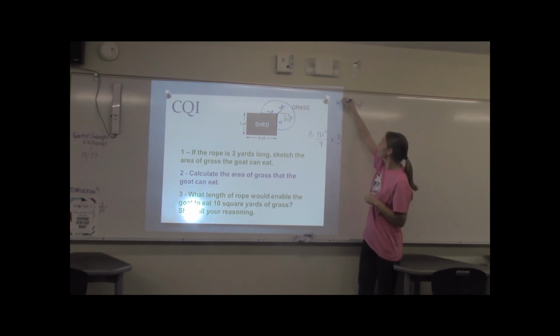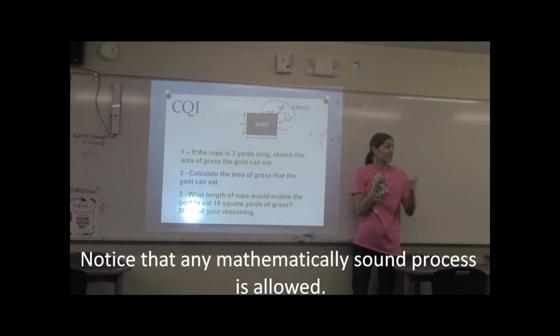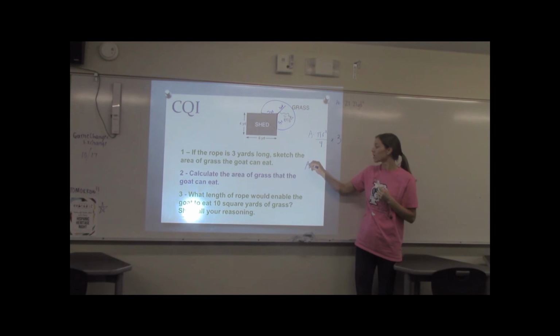Okay. Did any group do it differently? Casey? What we did is we completely measured it out and made the circle completely equal. And then from the point where he was hooked up to one point on the outside, we found that the radius was 3 yards.